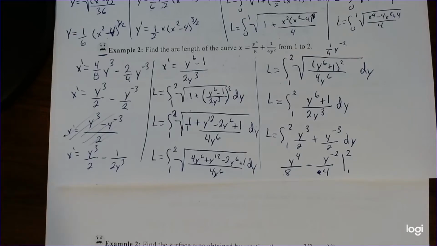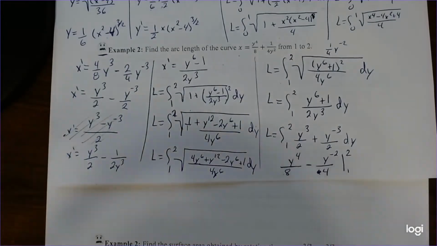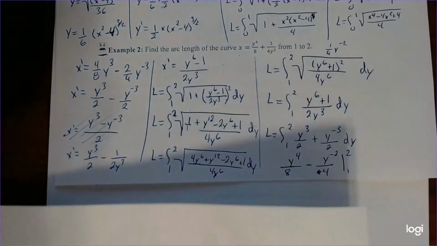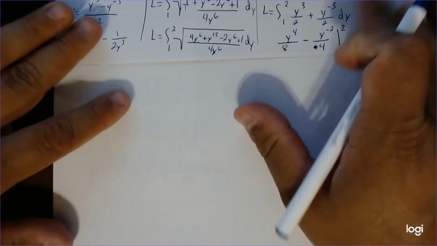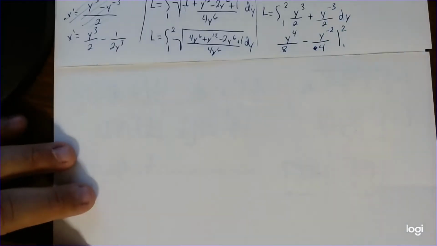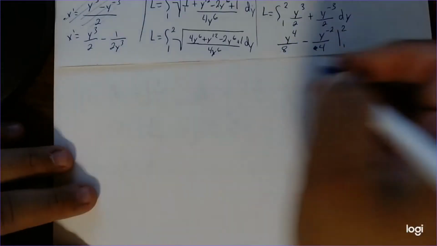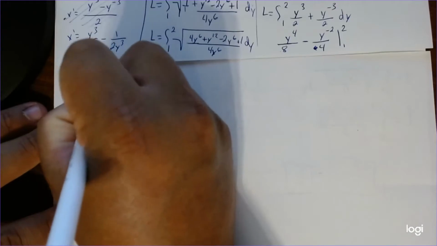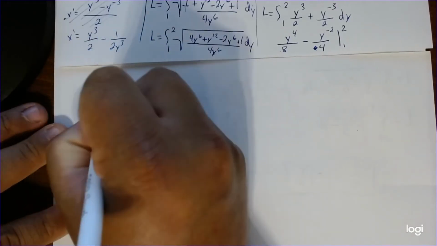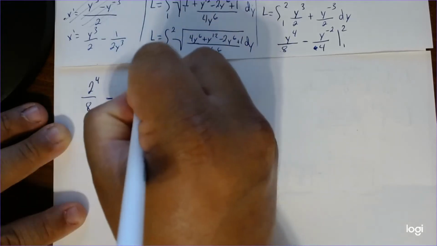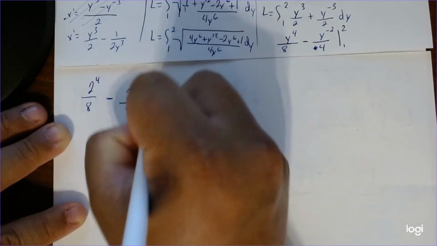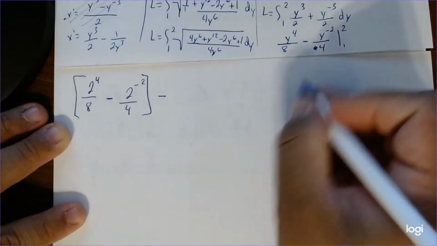Okay, and same thing. I run out of space a little bit here, so just get a little sheet of paper. Right, so we have 2 to the 4th over 8 minus 2 to the negative 2 power over 4, minus the 1.